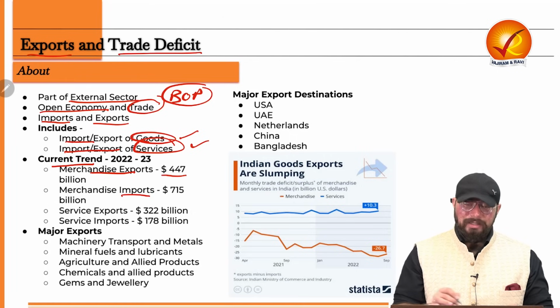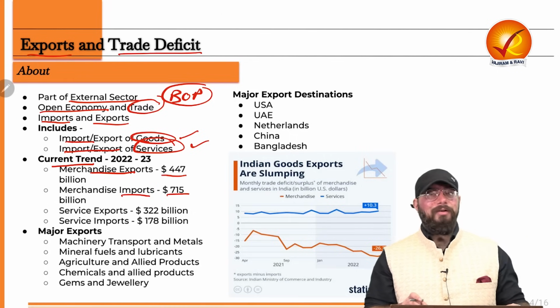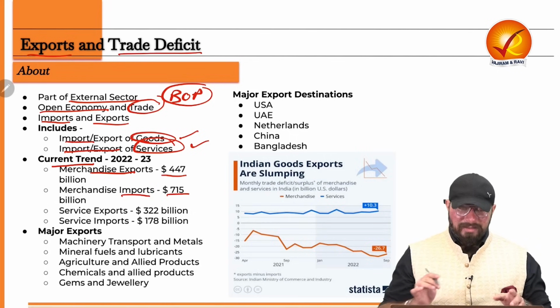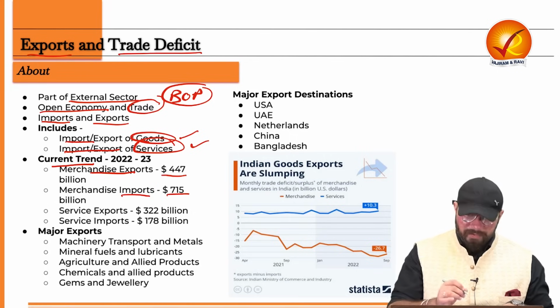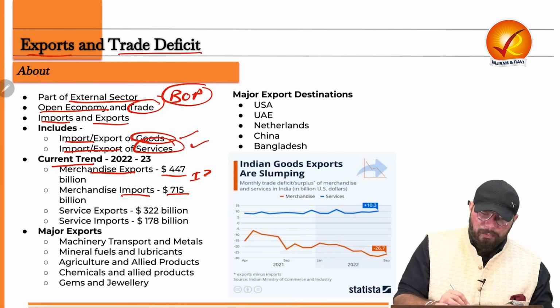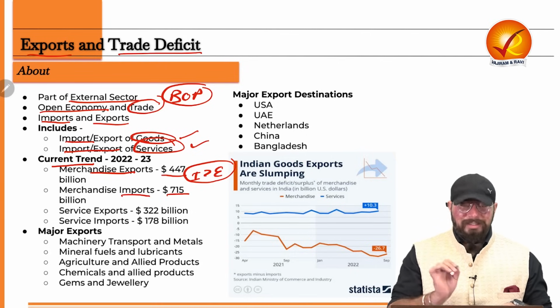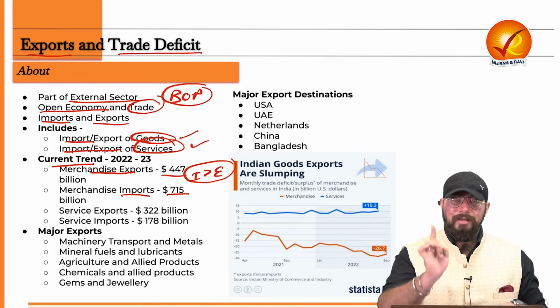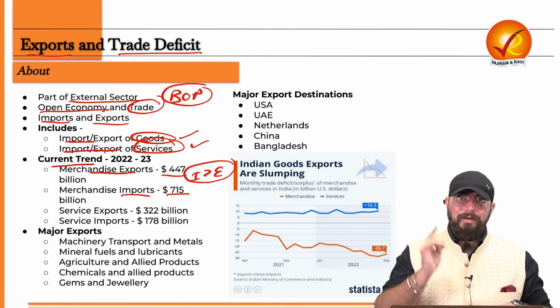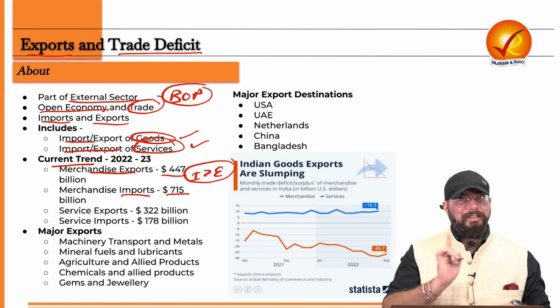Merchandise imports are $715 billion, which tells us that our merchandise imports are more than the merchandise exports. Now we'll study what this phenomenon is called, but essentially you have to focus on one thing, that our imports are more than the exports in merchandise, that is goods.